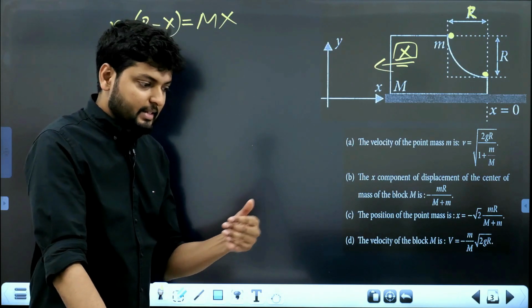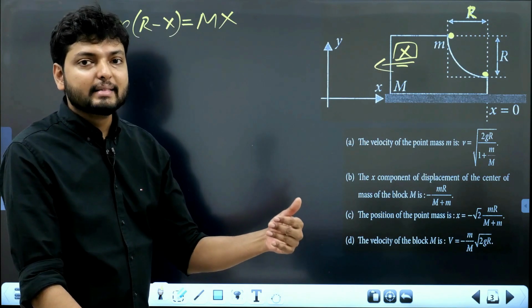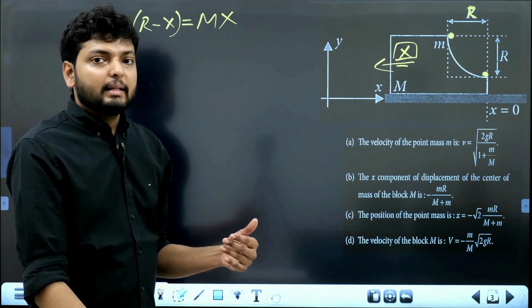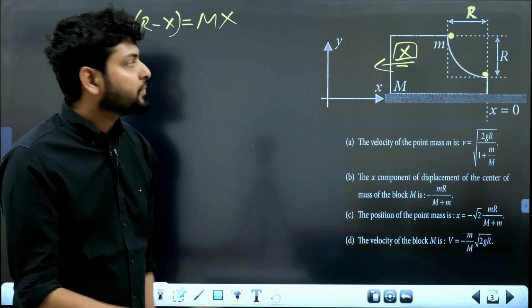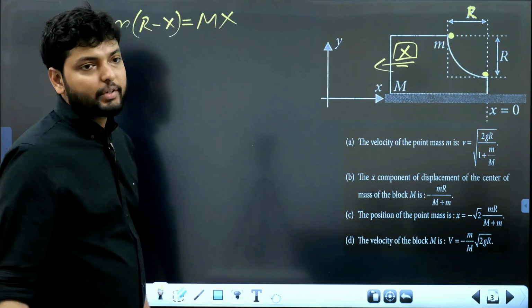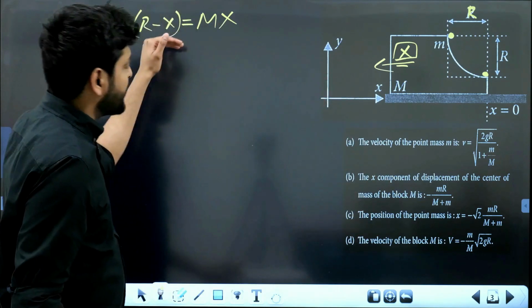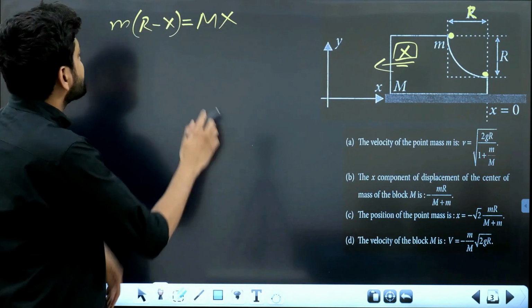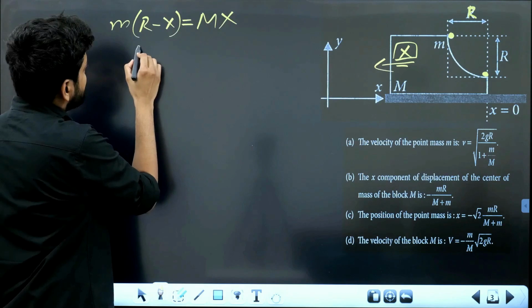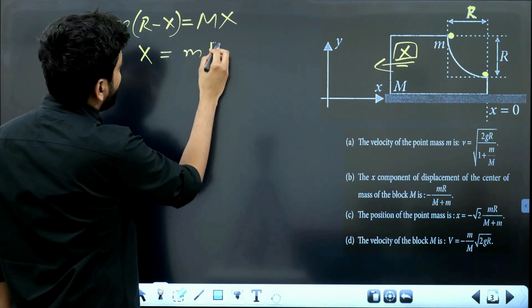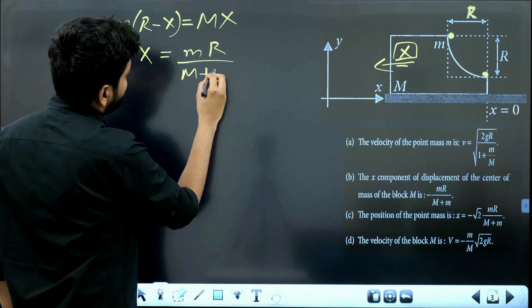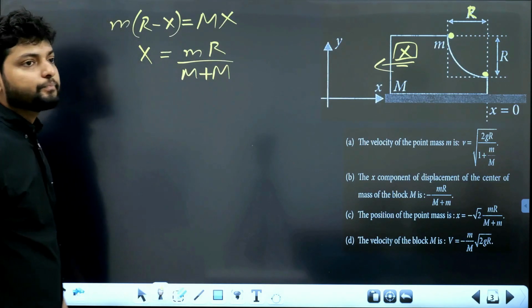The distances between the center of mass and the individual masses in a two-particle system vary as the inverse ratio of the masses. So I can equate these products. From this, if I rearrange, I'll get x is equal to mr by m plus m, right?